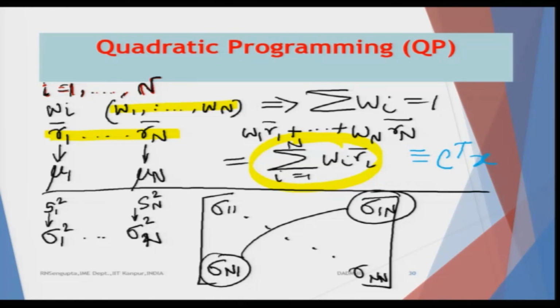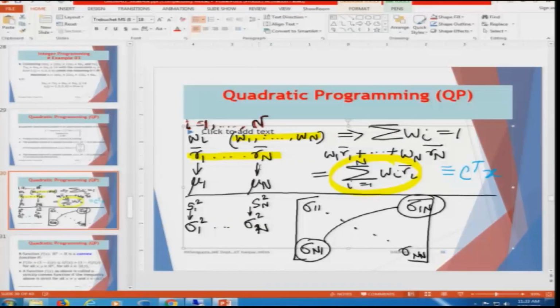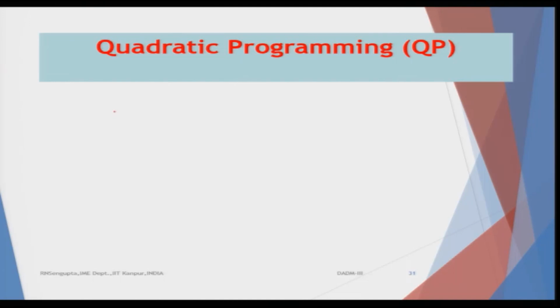So, what do you want to do? You want to basically minimize this. So, what is the formulation? Because weights would be coming, and as it is a variance, it will be squared.